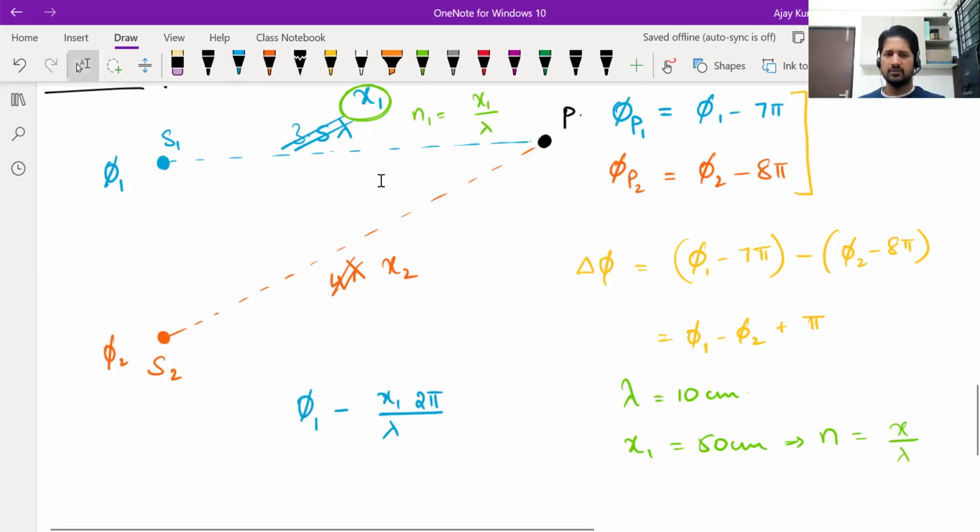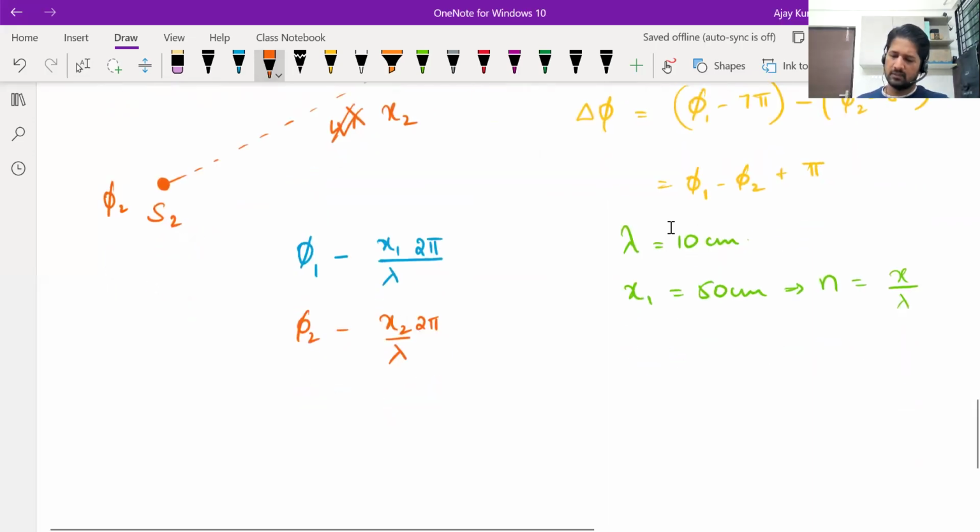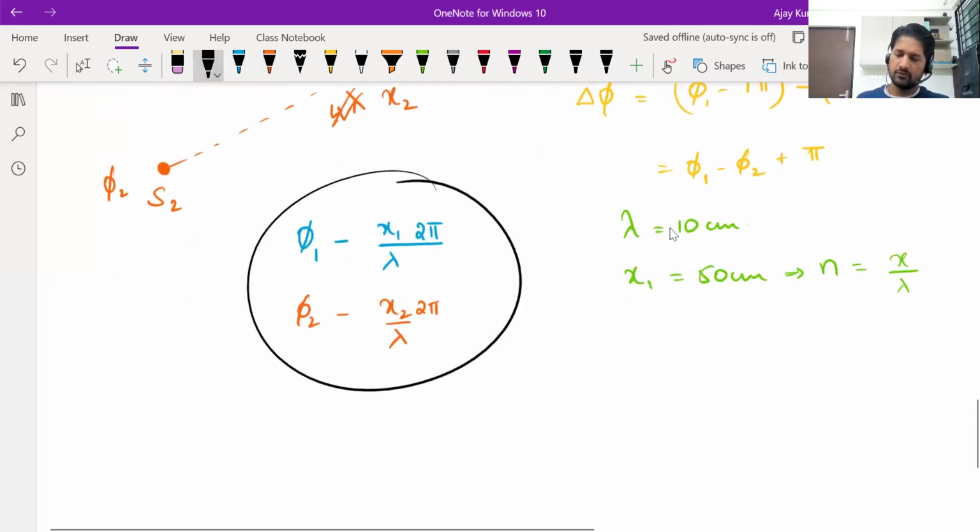That's the phase with which the wave arrives from S1 at P. Is this clear? Similarly, the phase with which the wave arrives from S2 is phi 2 minus x2 by lambda into 2 pi. And you subtract them, you will get the phase difference with which two waves arrive at the point P.